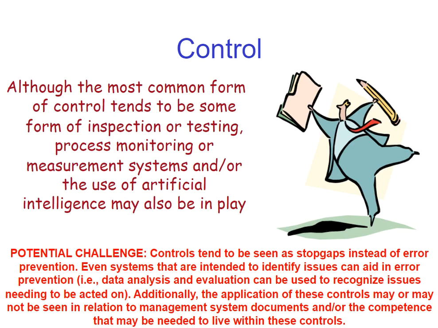So the main thing to remember as we work through this, let me finish this off as it relates to control. The potential challenge: controls tend to be seen as stopgaps instead of error prevention. Even systems that are intended to identify issues can aid in error prevention, meaning if the organization uses the data from that to identify areas where they should focus their efforts on improvement and therefore eliminate or greatly reduce that thing, then it is a form of error prevention.